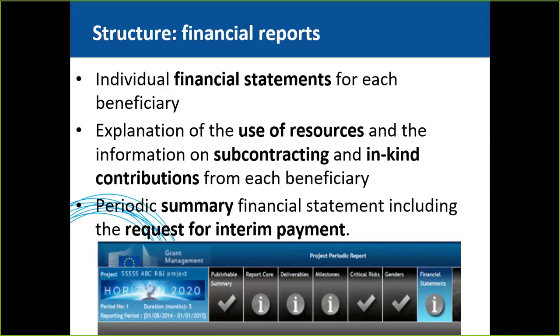The financial report consists of structured forms from the grant management system. This includes the individual financial statement for each beneficiary and, if there are any linked third parties, also their financial statements, an explanation of the use of resources, information on subcontracting and in-kind contributions if such costs were incurred, and the periodic summary financial statement, including the request for interim payment.